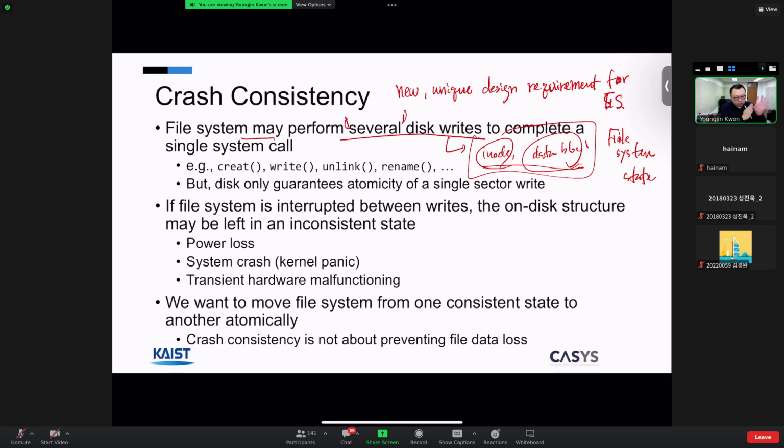I just keep using state without any formal definition. There are inode states, data blocks, directory blocks, bitmaps. These are the file system state. Okay, so crash consistency, formally, you can think about the case where in-memory state and on-disk state differ.